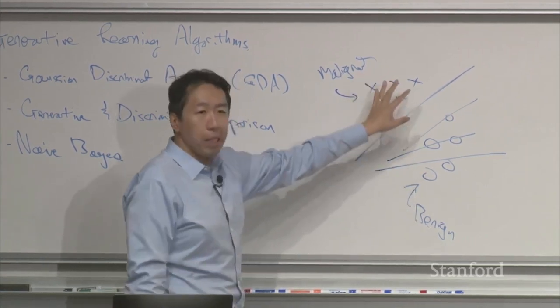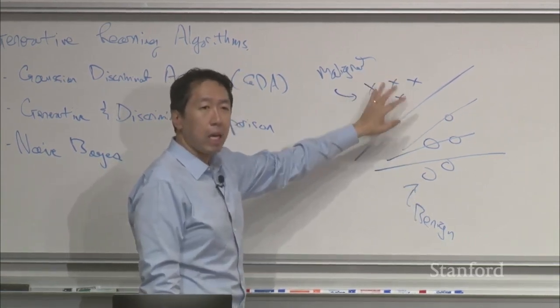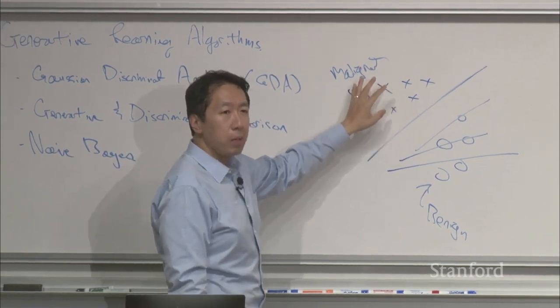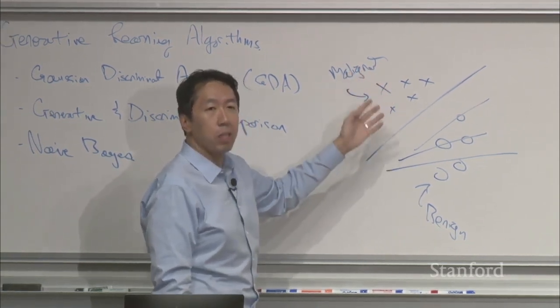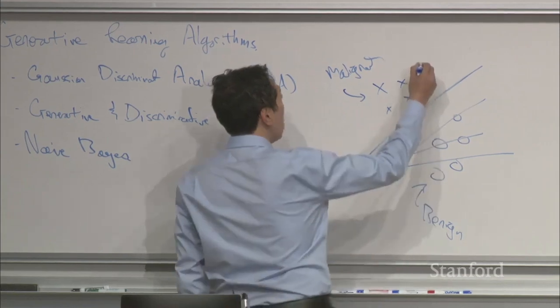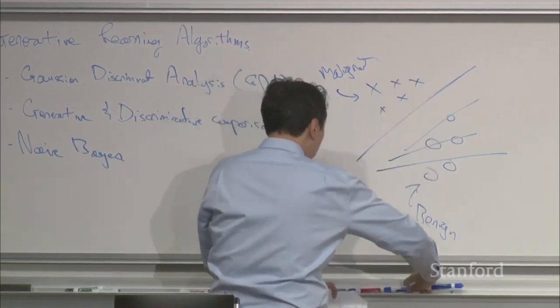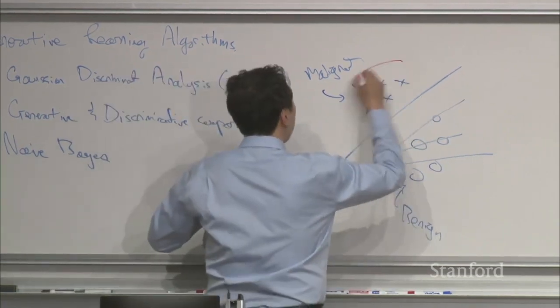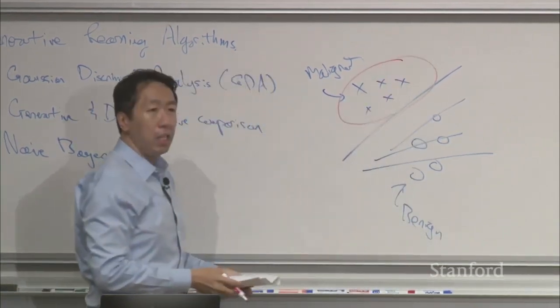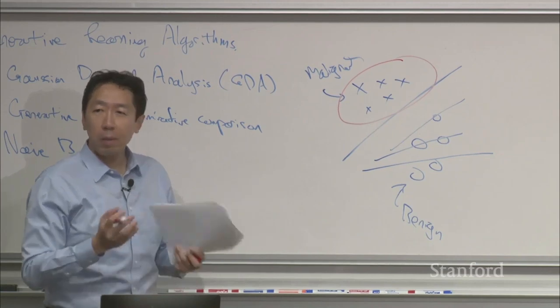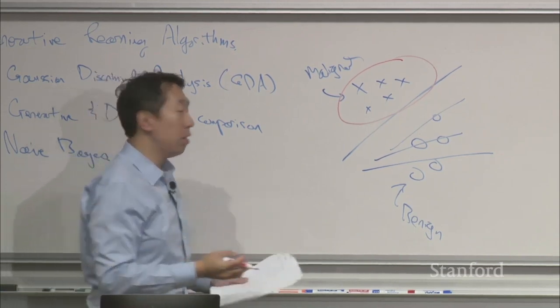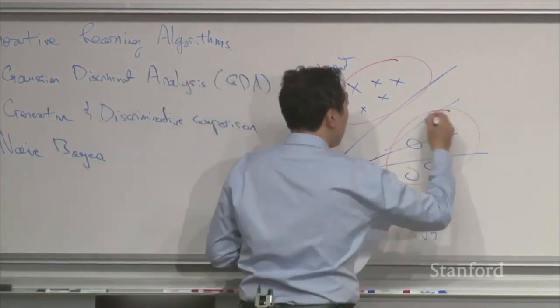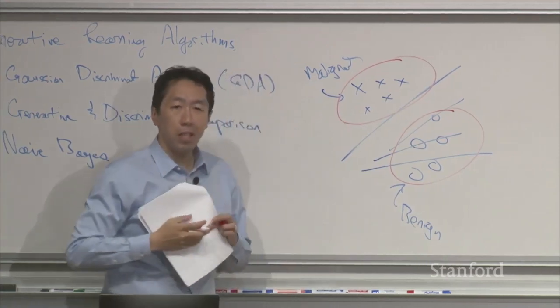First, we'll look at all of the malignant tumors, in the cancer example, and try to build a model for what malignant tumors look like. So you might say, oh, it looks like all the malignant tumors roughly live in that ellipse. And then you look at all the benign tumors in isolation and say, oh, it looks like all the benign tumors roughly live in that ellipse.